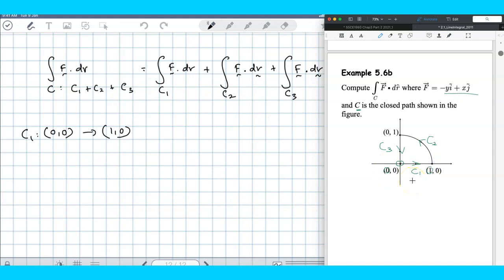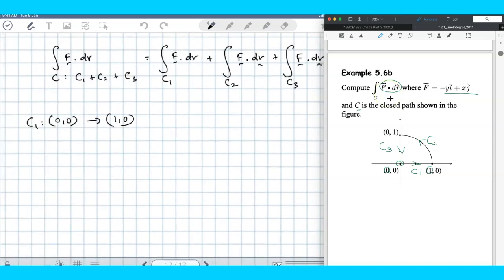So instead of solving this F dot dr in terms of dt, we can compute the line integral in terms of only x or only y. First we want to have the F. The F is minus y, x.